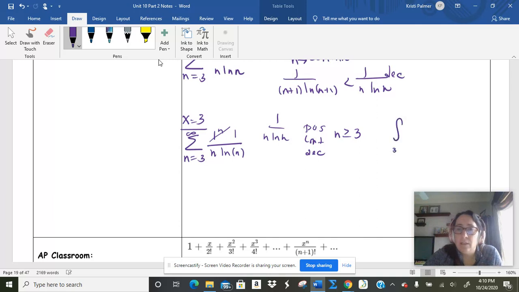So when I look at this integral, then I can see a u sub again, like I said. This would be the ln of 3. The ln of infinity is still infinity.